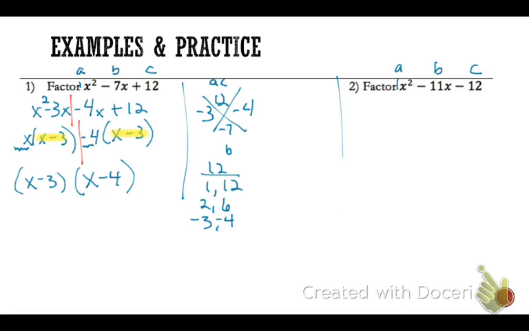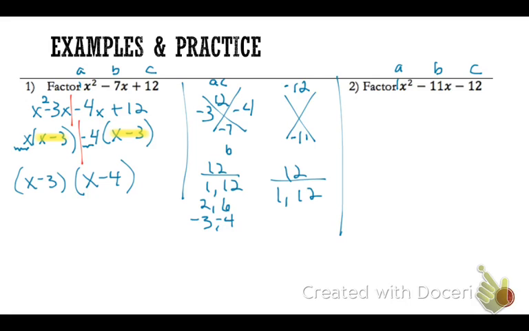Now my workspace, I'm going to put it over to the left this time. So I want two numbers that will multiply to give me 1 times negative 12, and will combine to give me negative 11. Now if I have my signs right with the numbers 1 and 12, I can get those to be negative 11.